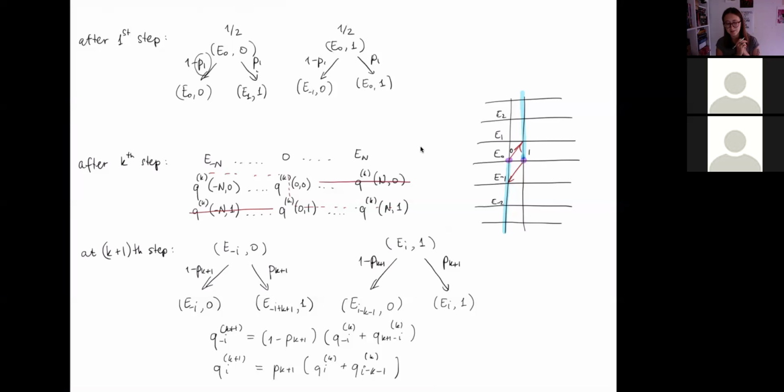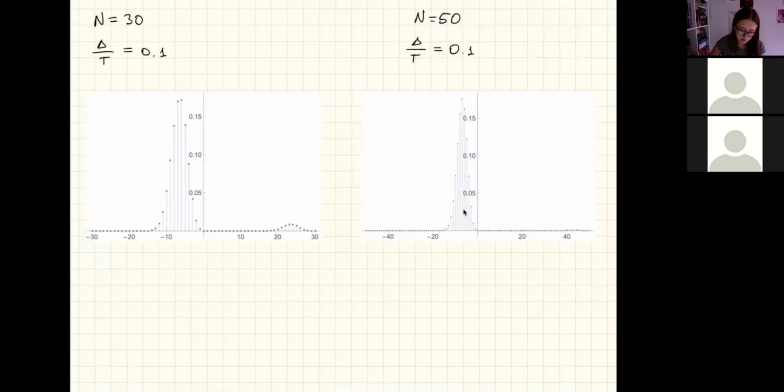Okay, and using this mathematical model of the random walk, one can also model what happens with the energy distribution after application of n unitaries. I'm not sure if analytically this can be solved, but one can always model it as a random walk. And just as a couple of closing remarks, I applied this process in Mathematica for different parameters.